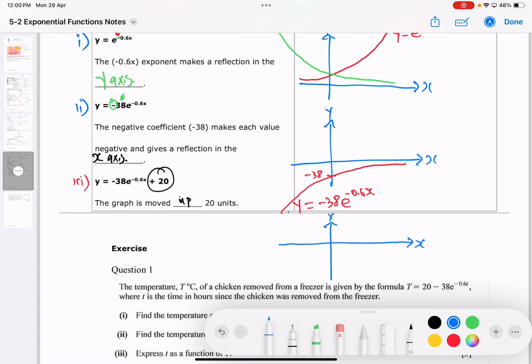0.6 is less than 1, yes, but that is not our growth factor. That is our time. You're talking about here, right? Yeah, it's less than 1. Well, what's the question?